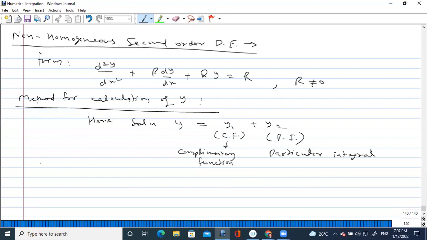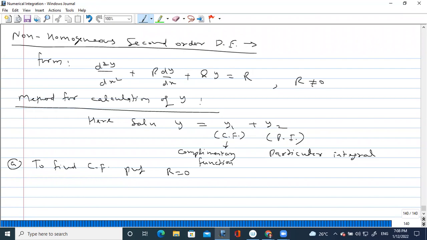Okay, so now how to find this complementary function? To find the complementary function, put r equal to 0. This case we have done already. Whatever solution is coming, we have done in the homogeneous case, so it is similar. That will be known as the complementary function, meaning it will be y1 only.